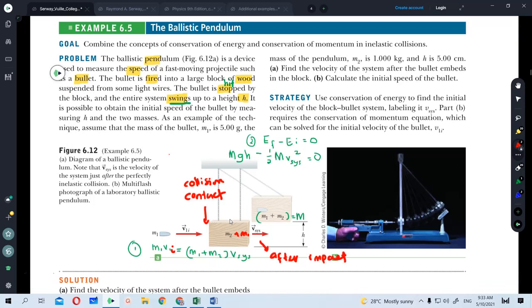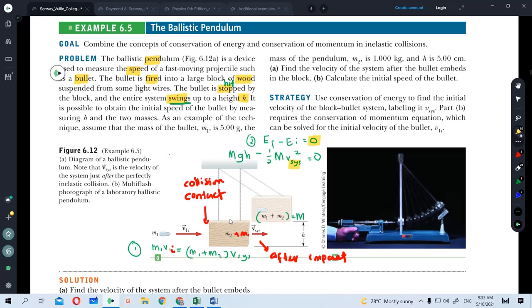Now, with that V after impact, which we call V system, we go to the conservation of energy, where energy final minus energy initial is equivalent to 0, because there is no friction. This is a case where there is no energy loss.